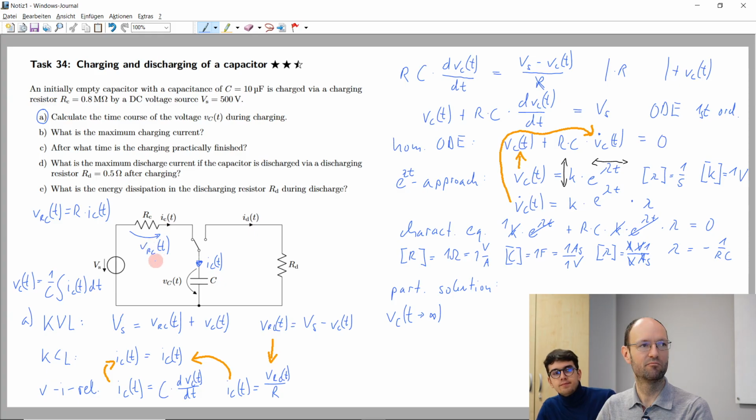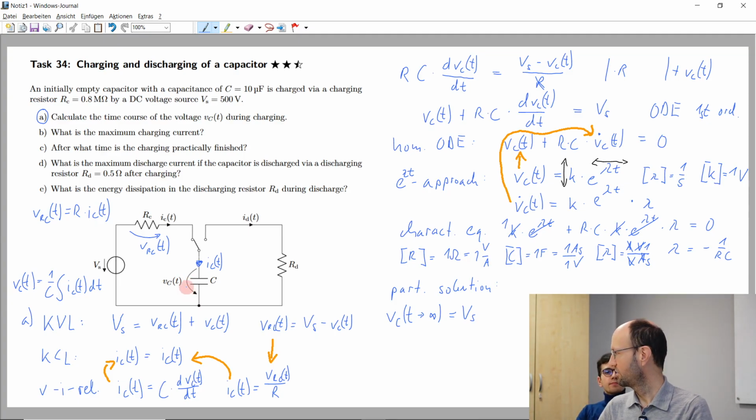So if we have the source, we have this resistor, we charge this capacitor, and we wait for a long time until this capacitor is finally fully charged. So to which voltage will the capacitor be charged then? Source voltage.